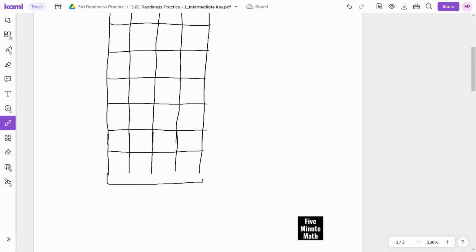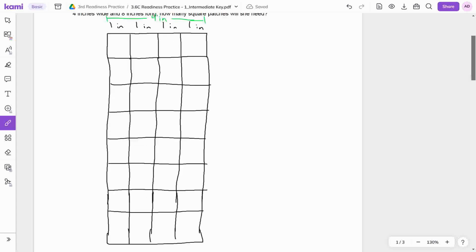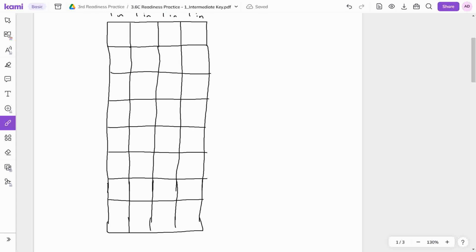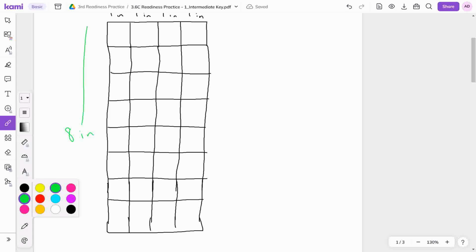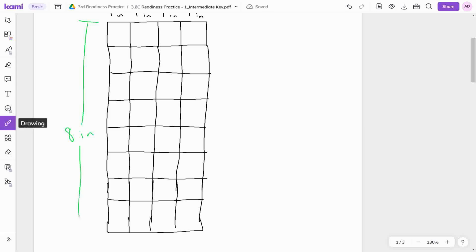Right down the very bottom, that should give me 8 rows. So let's count to verify that I have enough rows. 1, 2, 3, 4, 5, 6, 7, 8. Okay, so these are all 8 inches. I don't need to write 1 inch 8 times, so I'll just say 8 inches.